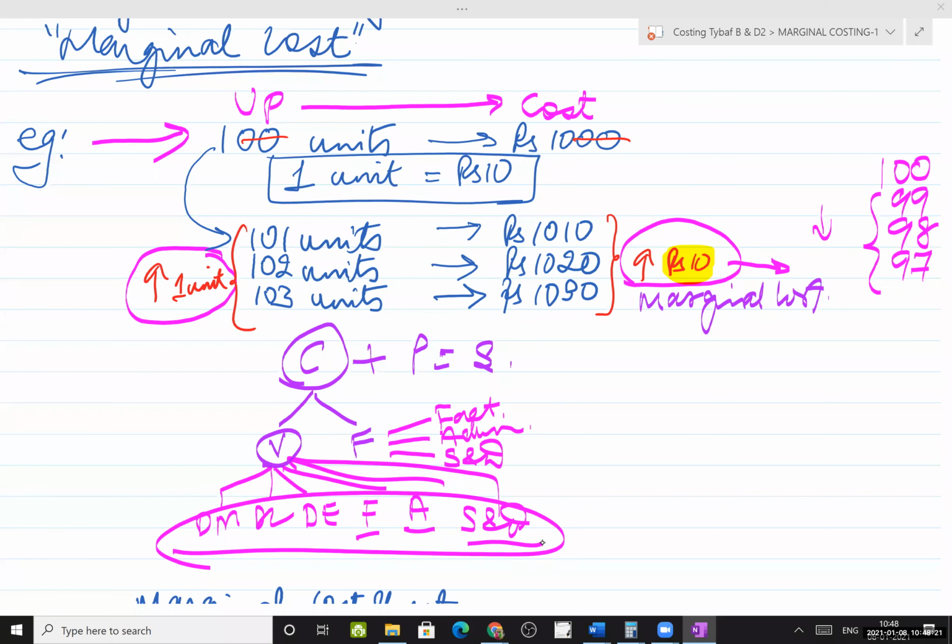Okay, in such a way that you have to differentiate between fixed and variable cost. This is known as marginal costing. Okay, yeah. Obviously, now we are differentiating when you are showing your total cost here in marginal. We are differentiating it between fixed and variable.